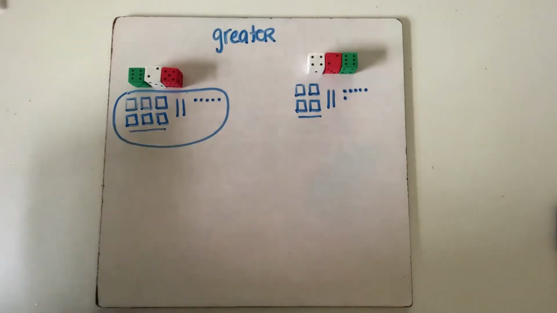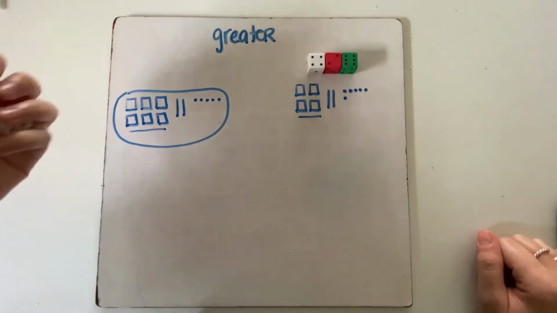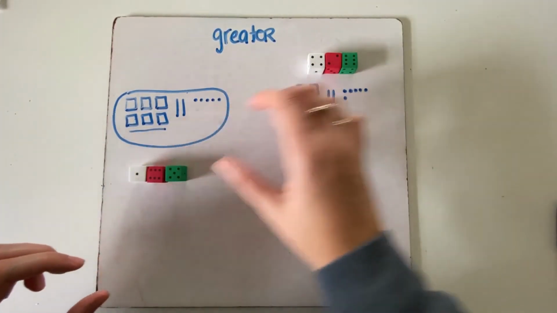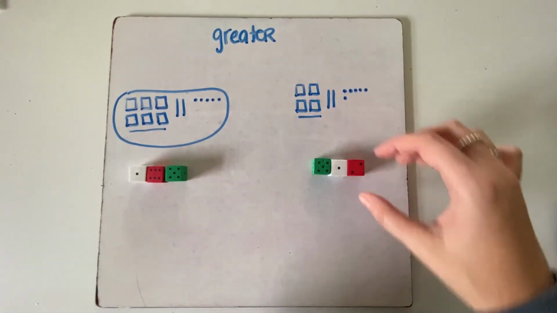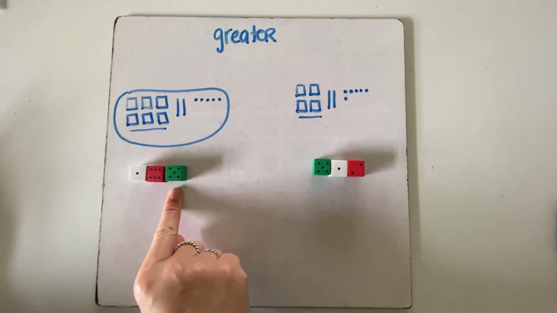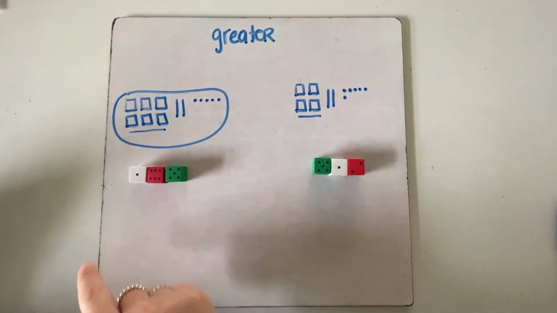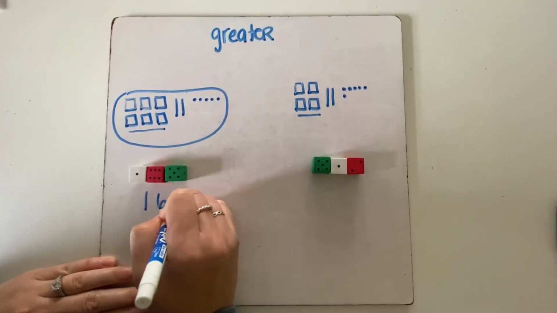So if students are choosing not to draw pictures, then they can just continue on rolling the dice, lining it up just the way that they land, and comparing their numbers. So in this case, we have 5 in the ones, 6 in the tens, and 1 in the hundreds. So here we've created the number 165.